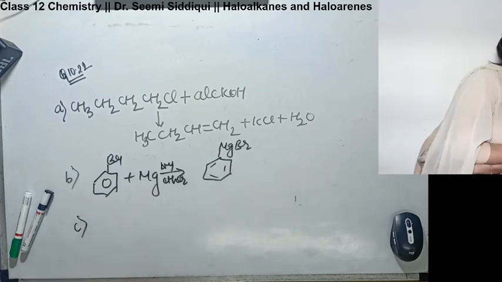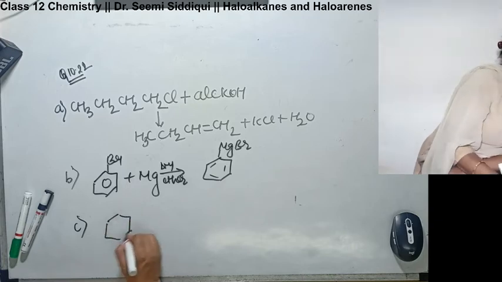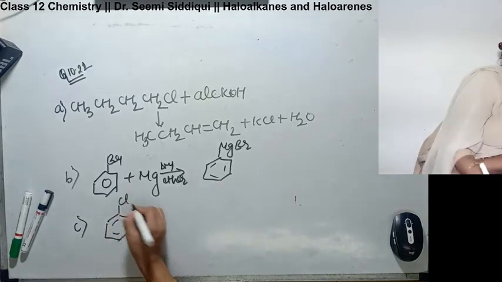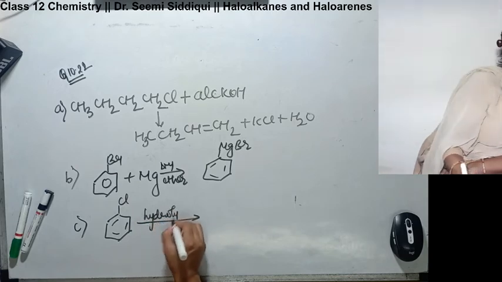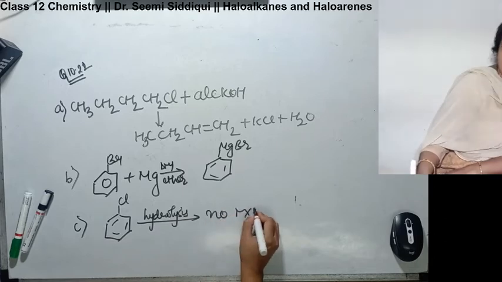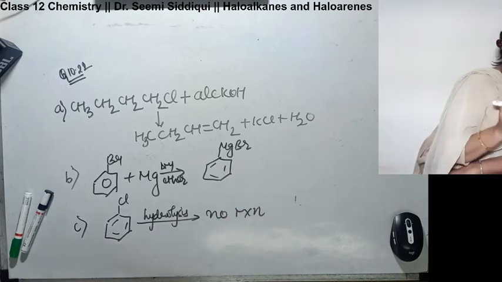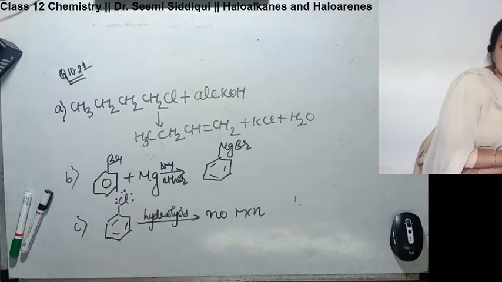C part says फ्लोरोबेंजीन इज सब्जेक्टेड टू हाइड्रोलिसिस. अब देखो ये वाली जो रिएक्शन है hydrolysis, it is going to give no reaction. Why? Because आपकी हैलोजन के पास there is the presence of the lone pair.